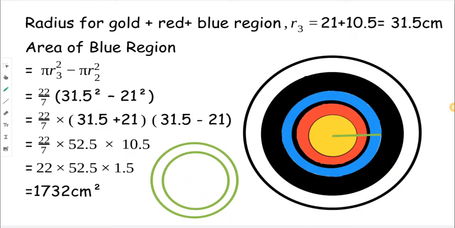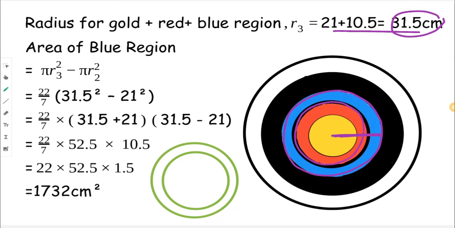Now once again we'll be trying to find the area of the blue region, but first let us find the radius. So we know that from here till here is 21, right? Again, from here till here is 10.5, which means I just have to add and I'll get the whole radius till the blue region to be how much? 31.5. Now how do I find this area? We'll consider this to be one big circle, this big circle minus this smaller circle.